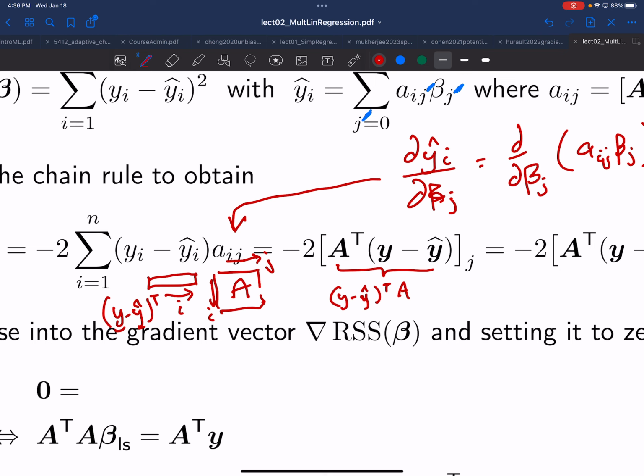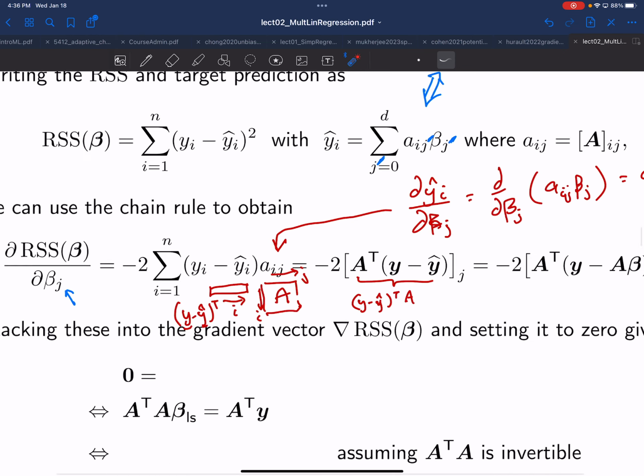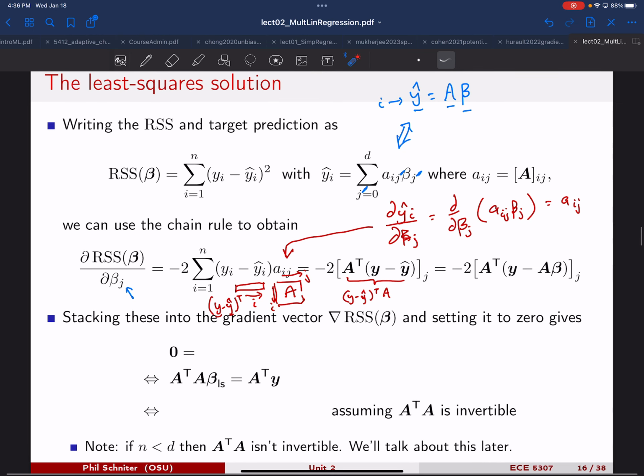And now, because we often work with column vectors, I'm just flipping that around into a column. In either case, I'm going to extract the jth index, so it doesn't really matter whether it's a row or a column. Okay, is it clear how we got from sums to vectors and matrices? Okay, and then we're almost done.